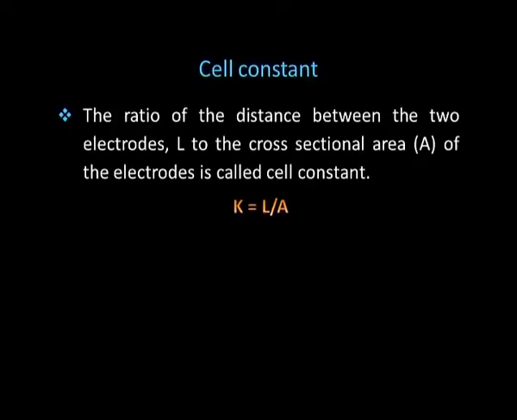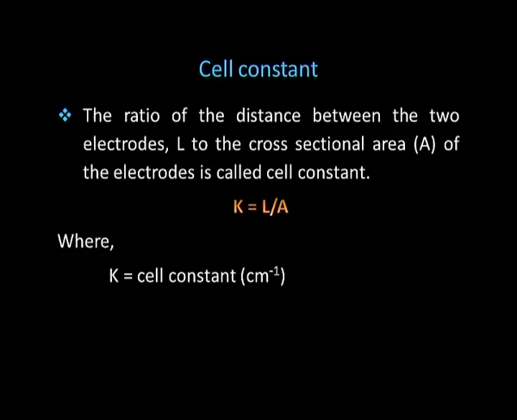The ratio of the distance between the two electrodes L to the cross section area A of the electrodes is called the cell constant. It is defined as K is equal to L by A, where K is cell constant, that is per centimeter.